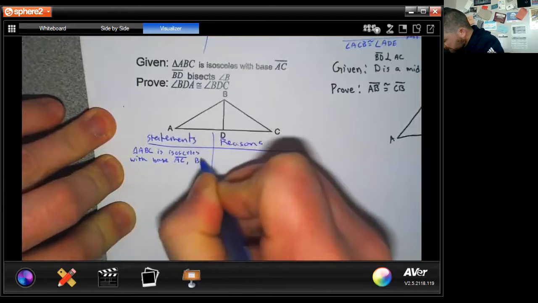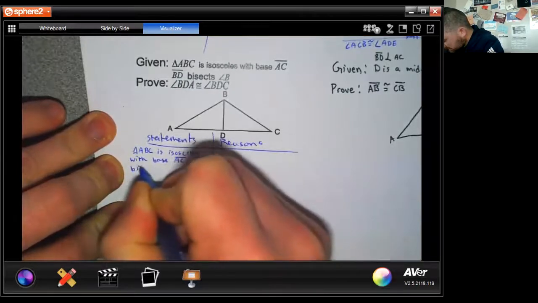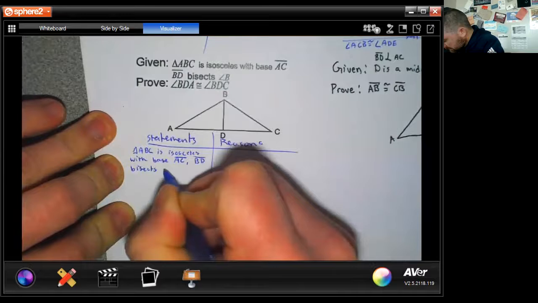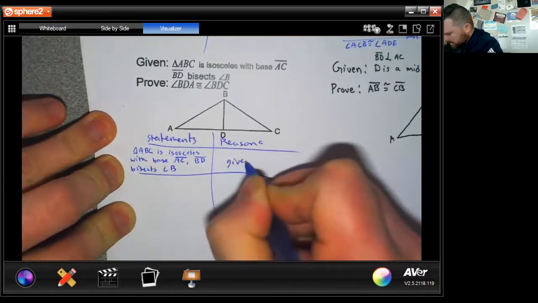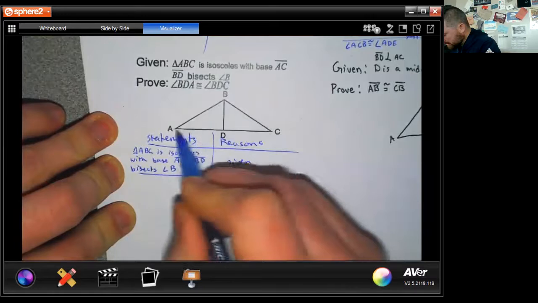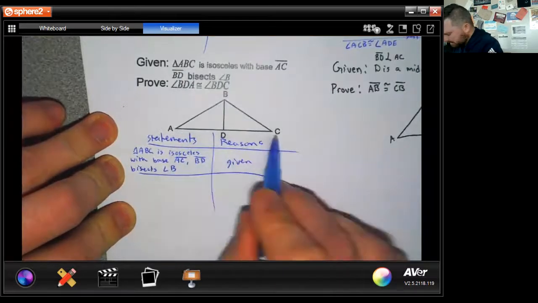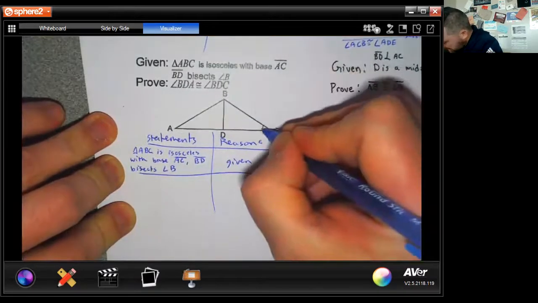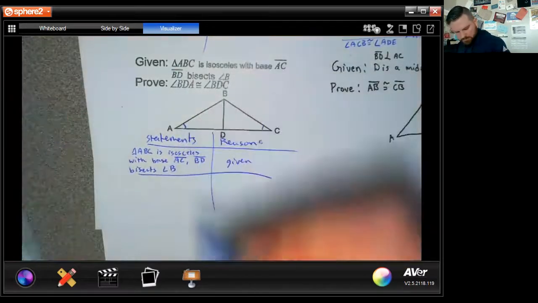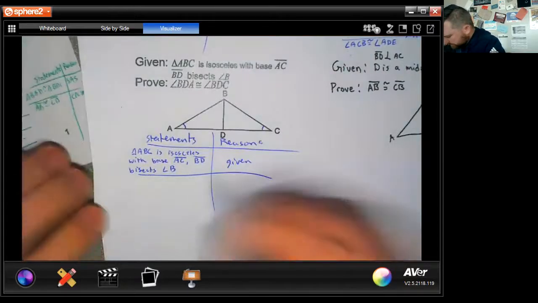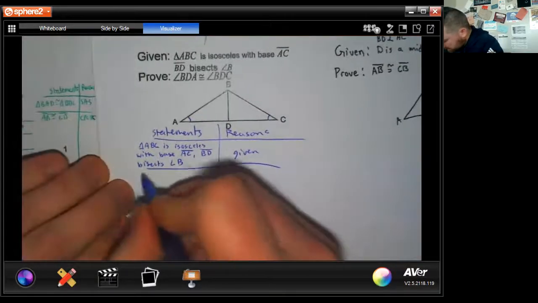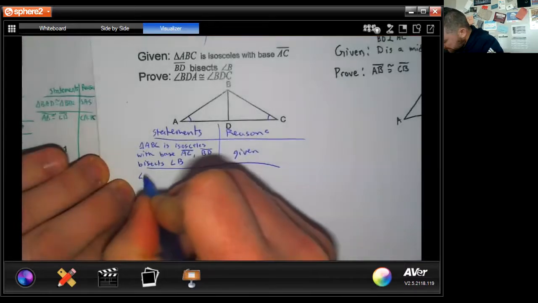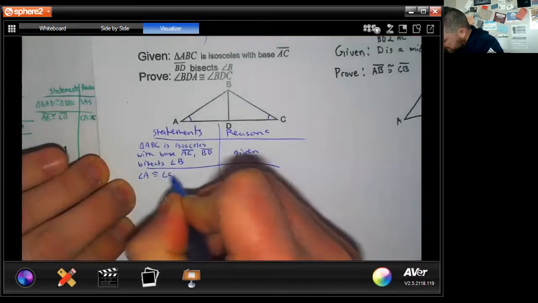Segment BD bisects angle B. Okay, so ABC, here's the base. Okay, so I have these two angles are congruent. Okay, so we'll say that angle A is congruent to angle C.